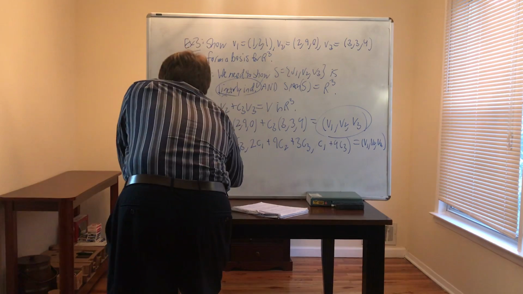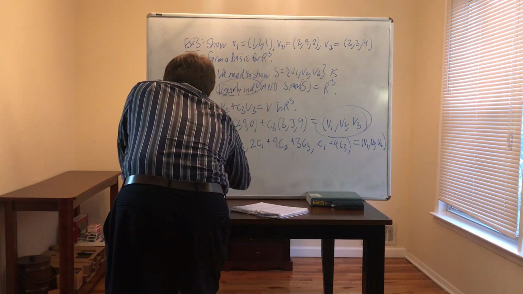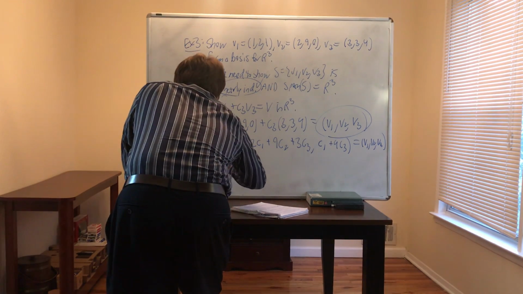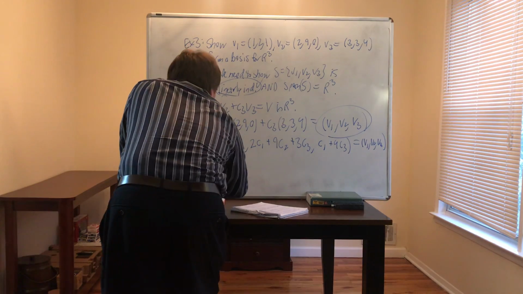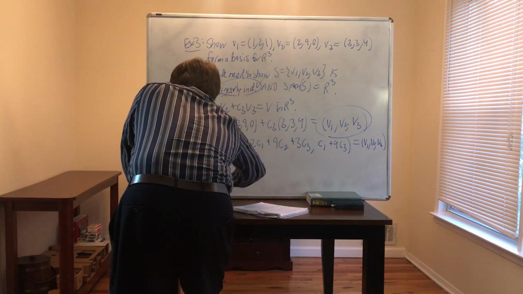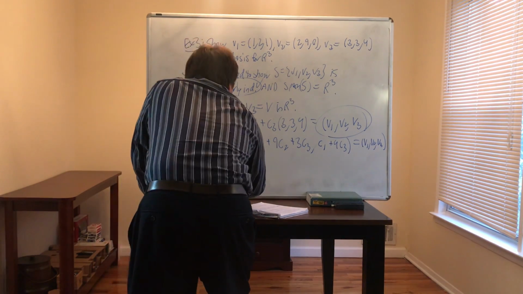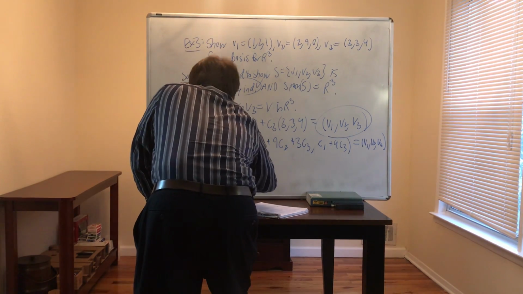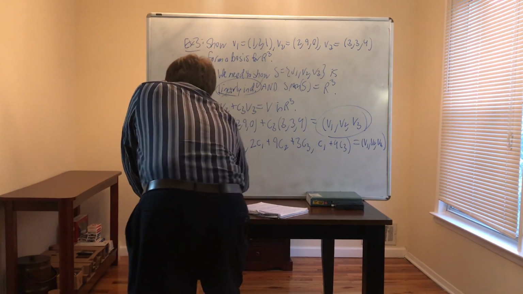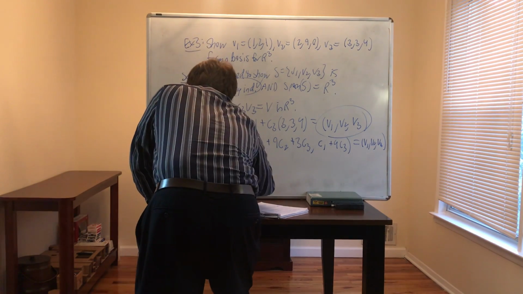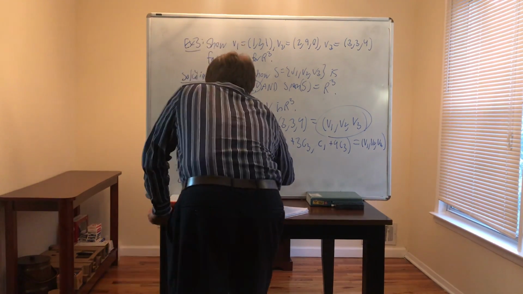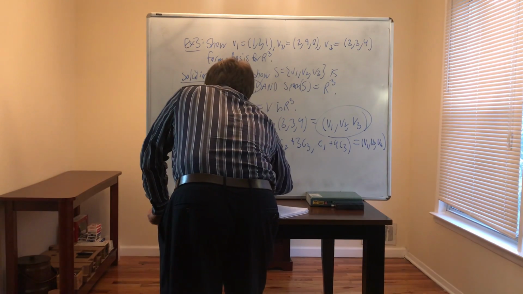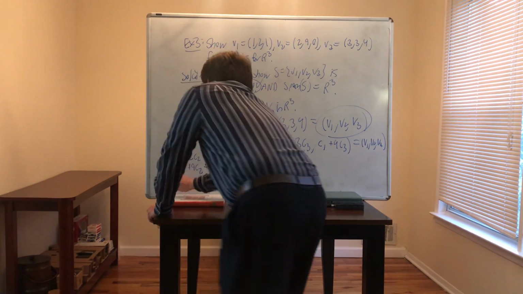So our corresponding linear system now is c1 plus 2c2 plus 3c3 equals v1, 2c1 plus 9c2 plus 3c3 equals v2, and c1 plus 4c3 equals v3. That's our linear system.